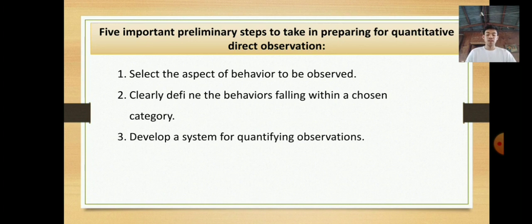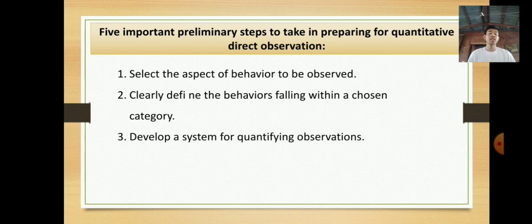So, the investigator must decide on a standard method for counting the observed behavior. So, dapat yung mga investigator mag-decide daw sila ng standard method for counting observed behavior. For instance, establish beforehand whether an action and the reaction to it are to count as a single incident of a behavior observed or as two incidents.